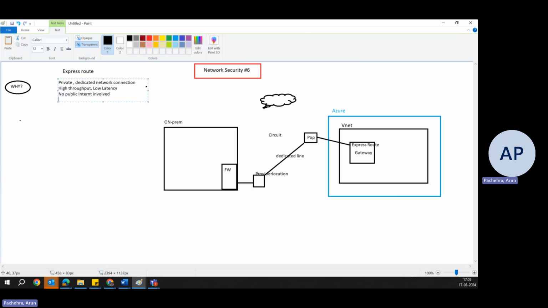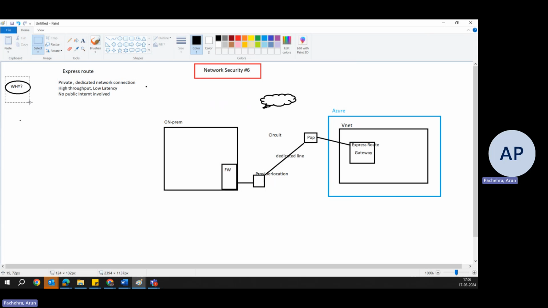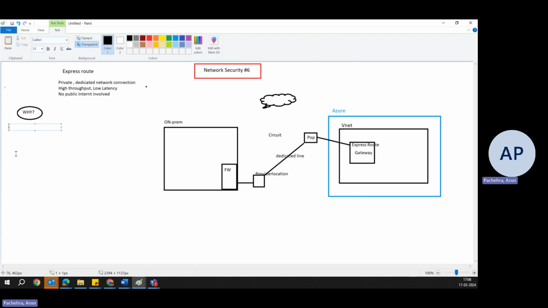All right, so we have understood ExpressRoute. It's a private connection facilitated by your connection provider. Now, first of all, we will try to understand why we need it, and then we'll try to understand the security aspect of it.